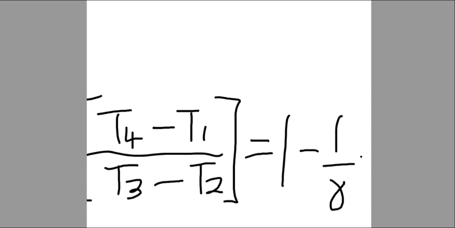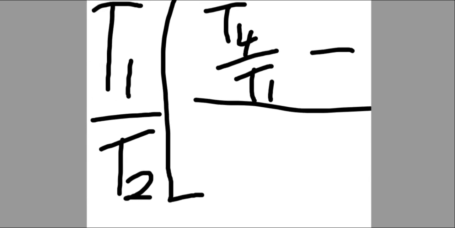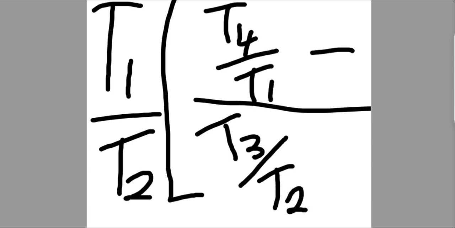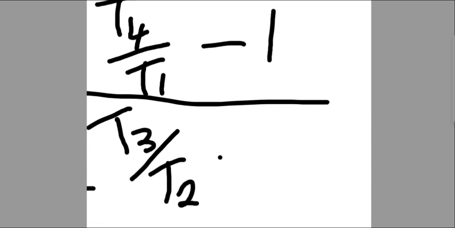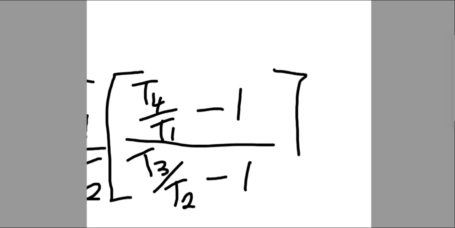Factoring out T1 from the upper one, this becomes T4 over T1 minus 1, and the lower one, in which we factor out T2, becomes T3 over T2 minus 1. So that is it for that.